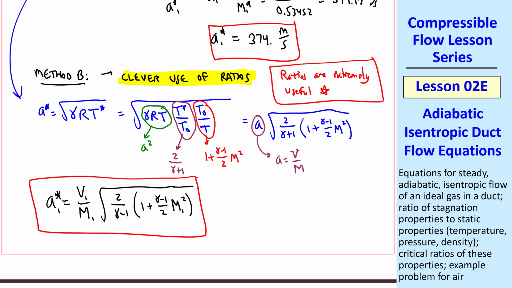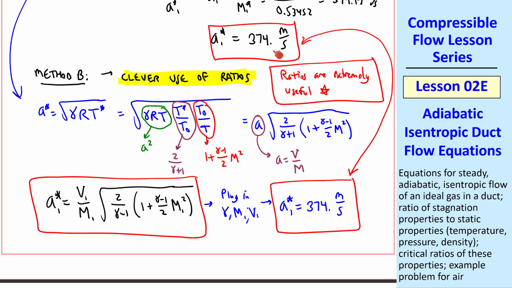And this is our equation for A1 star. We plug in gamma, M1, and V1 since all those variables are known, and we get 374 meters per second, which agrees with our previous calculation.